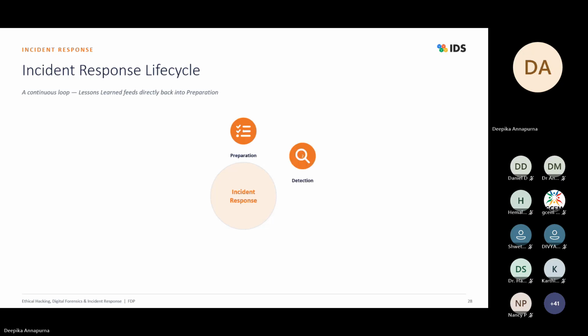The second one is the detection. Security monitoring systems will identify the suspicious activity. I just told you, Microsoft Defender is identifying the suspicious activity. Let's say it is identifying a phishing email and sending it to the quarantine, not the inbox of the user.